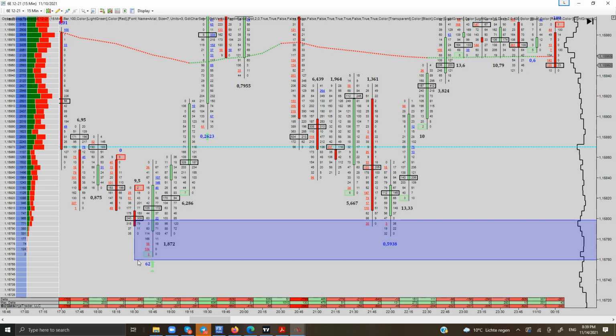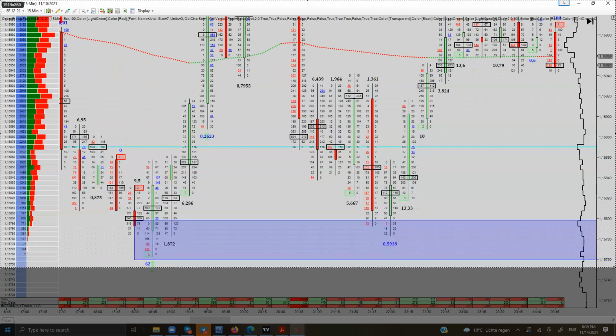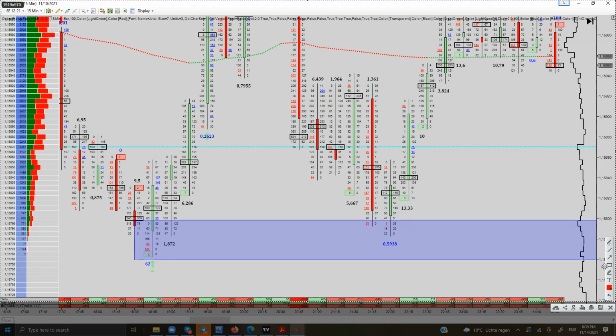That means sellers are also exhausted, right? So if I can show you what we got here, we got these many sellers trapped, 100 and almost 60 or 70 sellers are trapped, and we saw this nice single print. Sellers are getting exhausted.